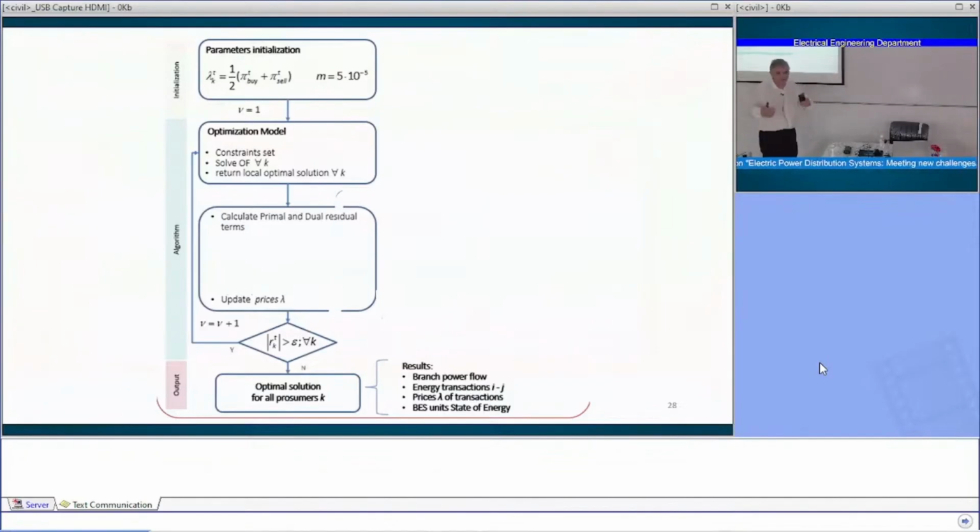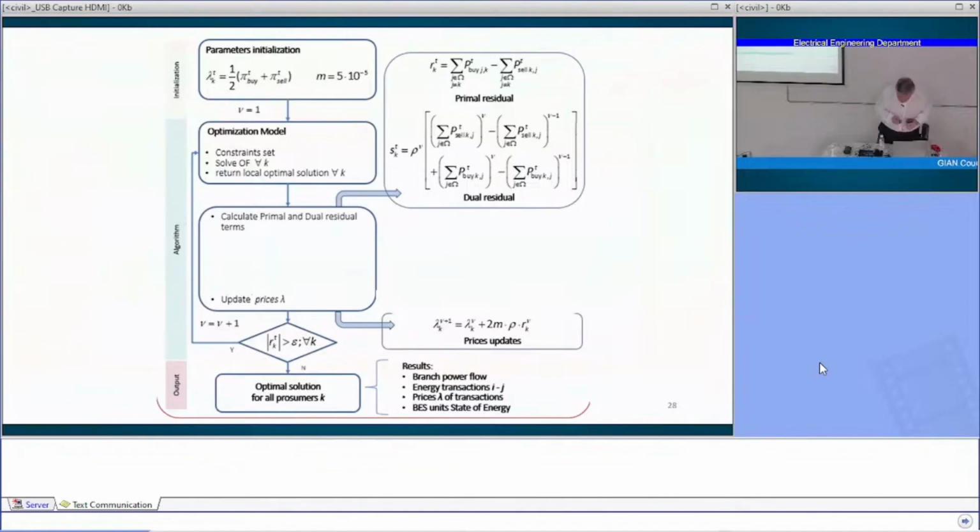Someone is selling too much or too little with respect to the other party. One optimization says, okay, I want to buy a lot from that guy, but the other optimization, carried out independently, says, no, I don't want to sell. So at this point, the lambda needs to be updated. It is a second iteration. So how do we update this lambda?